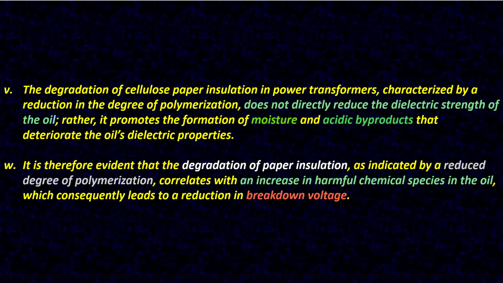It is therefore evident that the degradation of paper insulation, as indicated by a reduced degree of polymerization, correlates with an increase in harmful chemical species in the oil, which consequently leads to a reduction in breakdown voltage.